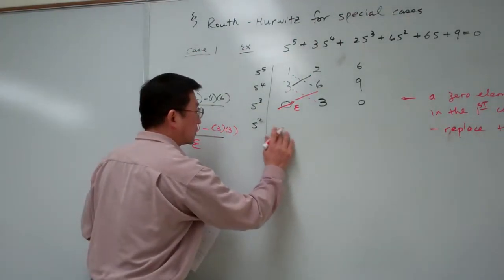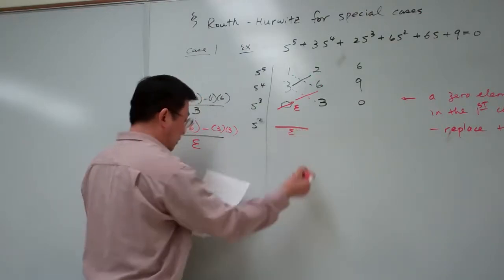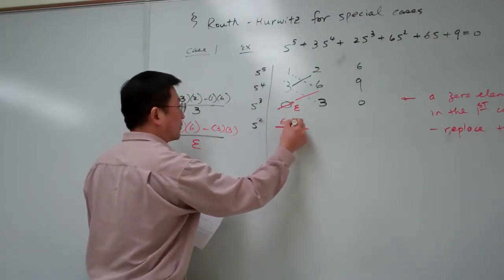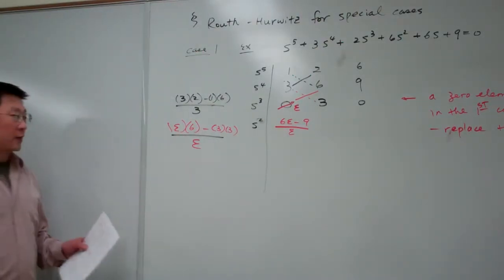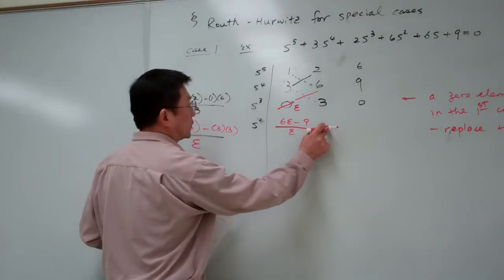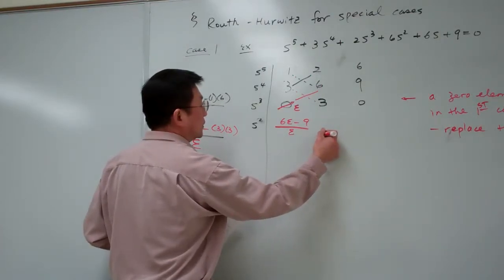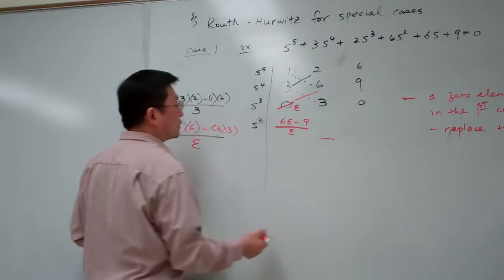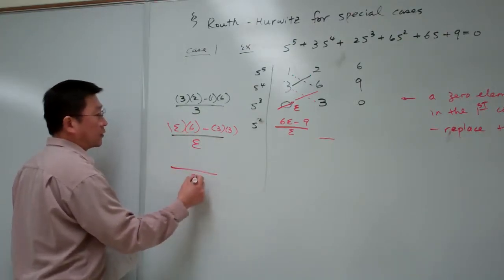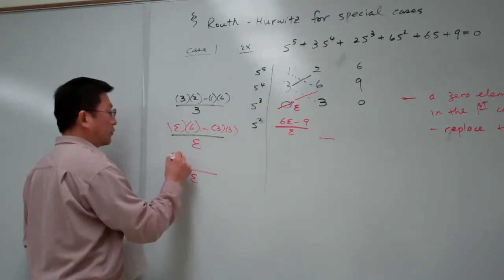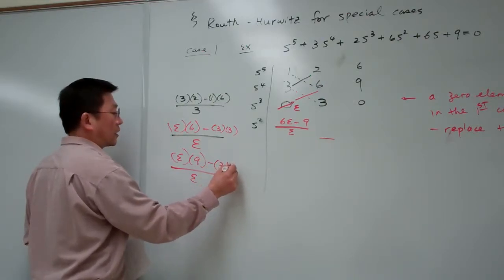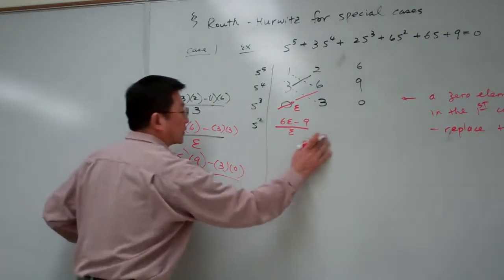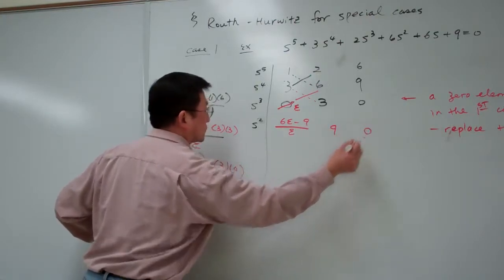Let me write it up here: this number is equal to (6 epsilon minus 9) divided by epsilon. Then we proceed to the second number here: epsilon multiplied by 9 minus 3 times 0, divided by epsilon. So basically this is 9.